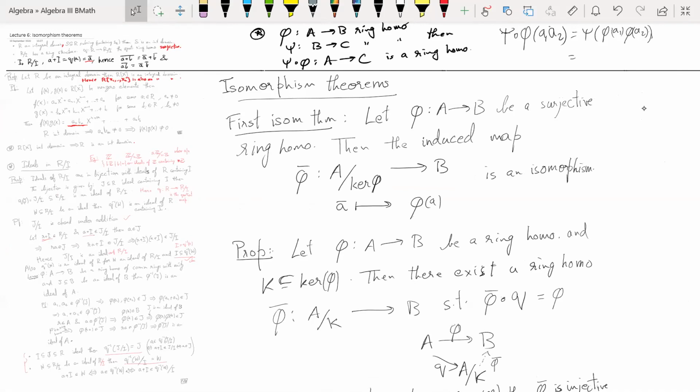So this tells us that psi of phi a1 times psi of phi a2, since psi is a ring homomorphism, is the same as psi composed phi of a1 times psi composed phi of a2. If all three rings have different looking operations, these two statements will look weird, but formally that is how one should write it.